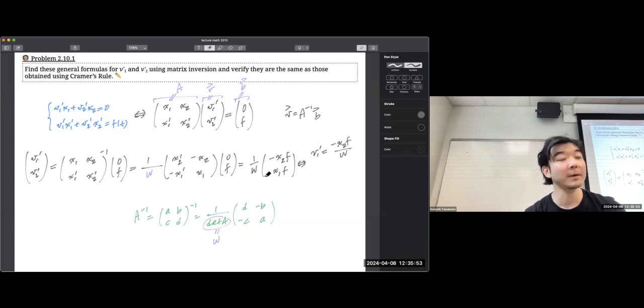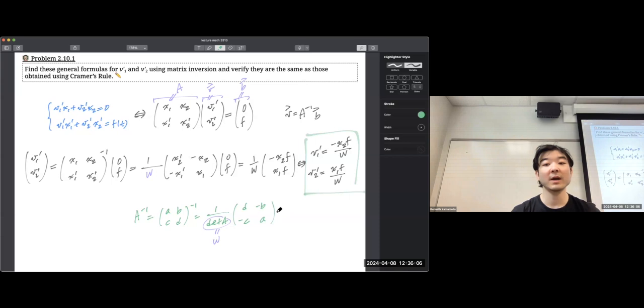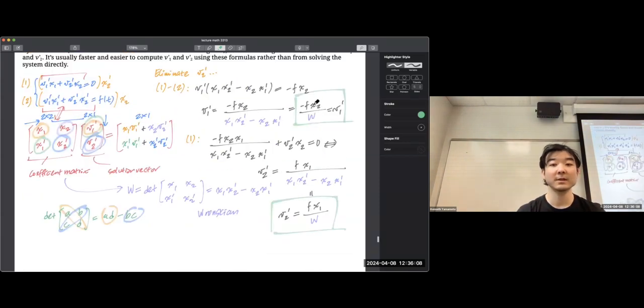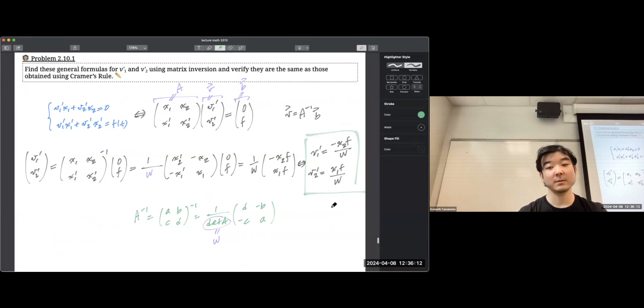Wronskian is just going to be a number. And then your v2 prime is x1 f over the Wronskian. This is exactly the same formulas for v1 prime and v2 prime that we had just gotten up here. So it just is consistent with if you were to just take a system of equations.